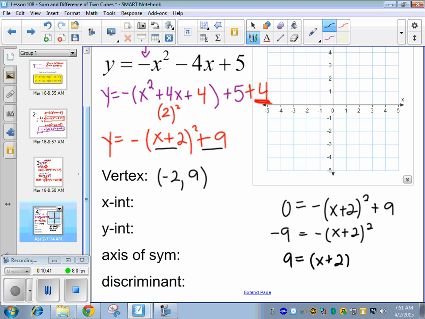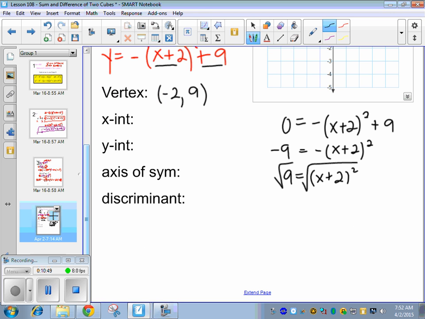So as long as there's a negative on both sides, we're good to go. Okay, square root both sides. This one's nice. What's the square root of 9? Good. We always have to remember, though, plus and minus 3. Then subtract 2 from both sides.